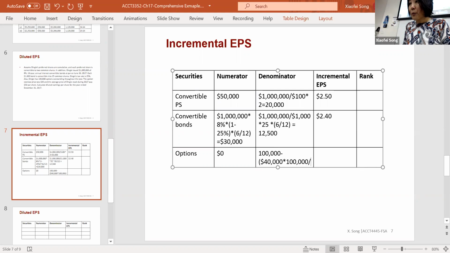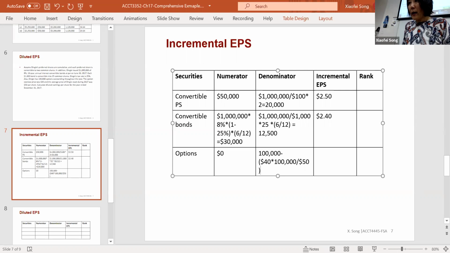And use the proceeds to purchase shares at the market price. That's $40 per share, not the 40,000. 100,000 shares issued. Use that to purchase at the average market price, that's $50 per share.